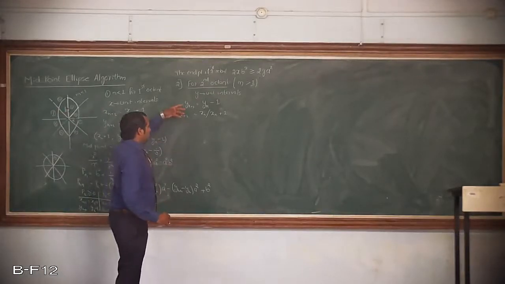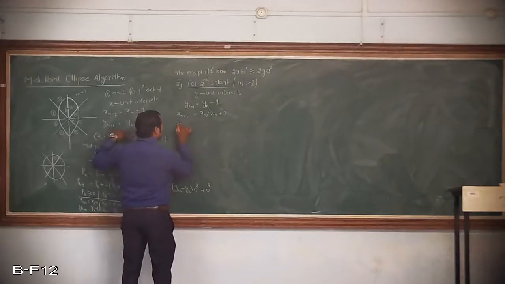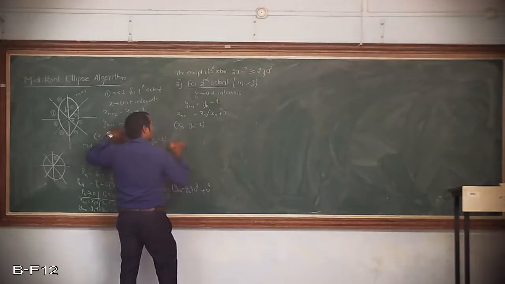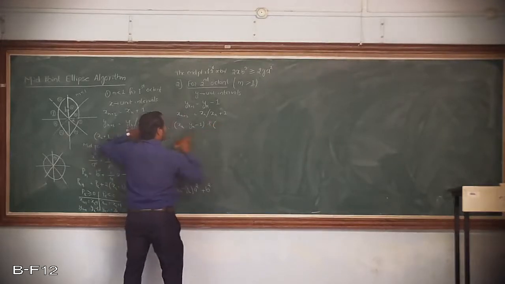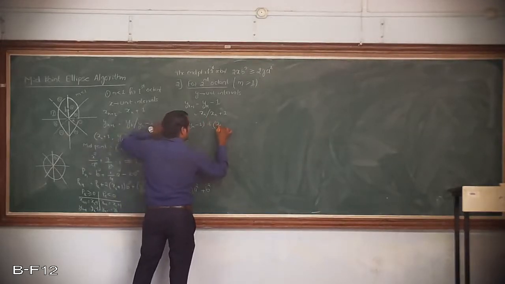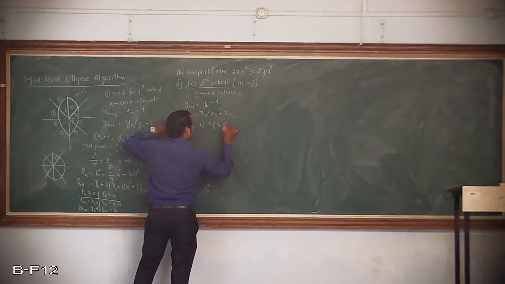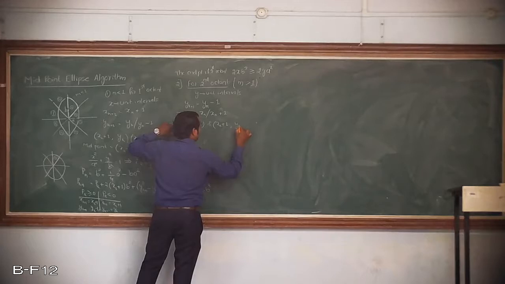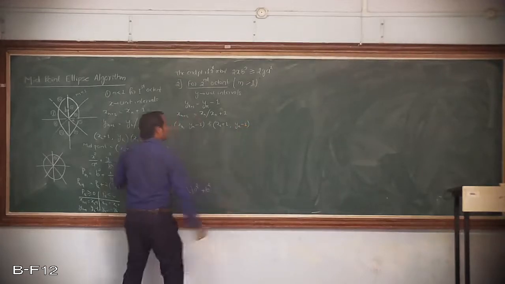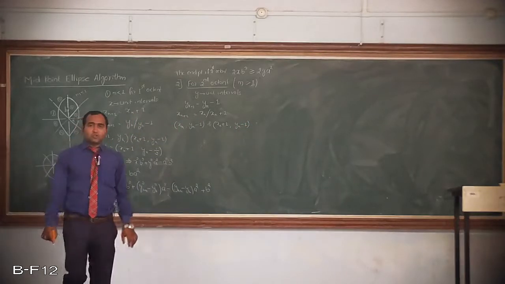The first point is xk comma yk minus 1, and the second point is xk plus 1 comma yk minus 1.